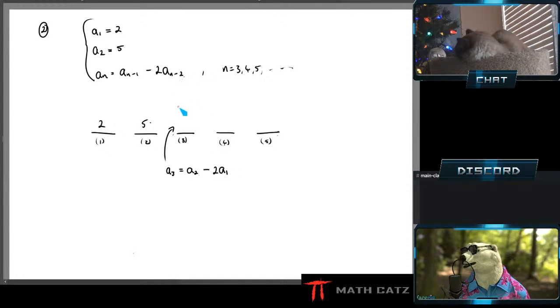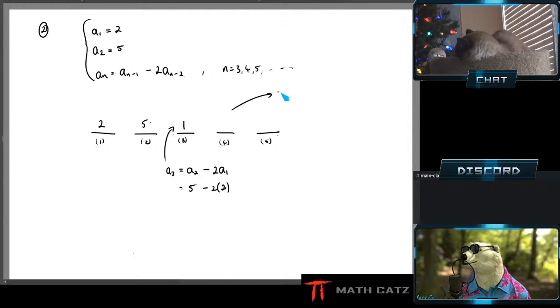See? 2 positions back. I then calculate that. Well, the one right before me is 5, minus 2 times the one right before that is 2. 5 minus 4 is 1. I do whatever the formula says. It doesn't have to always go increasing or decreasing. It can go up and down, whatever.